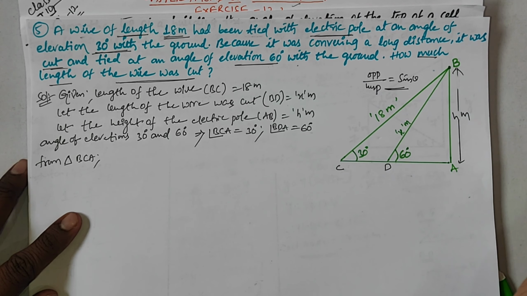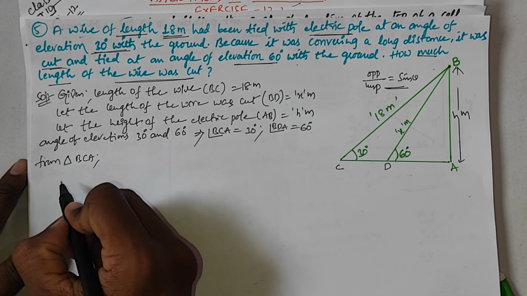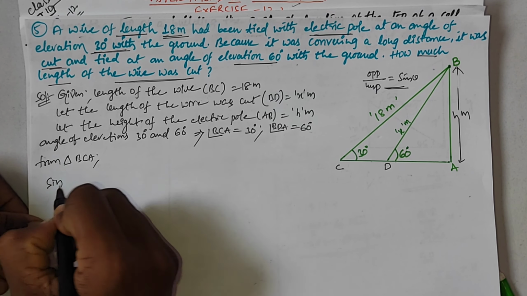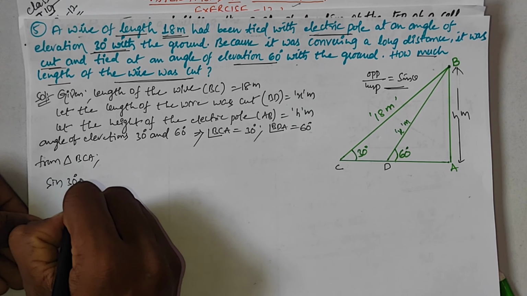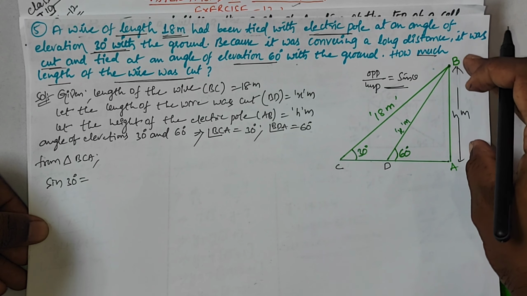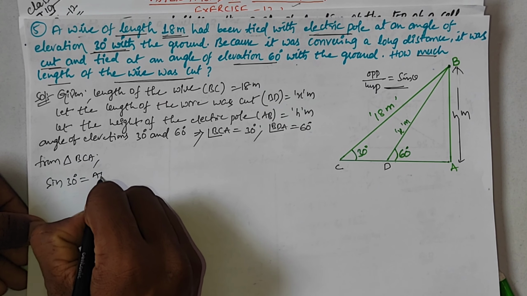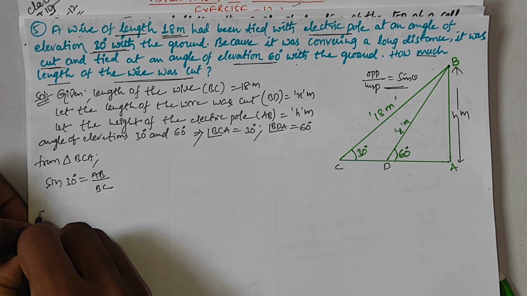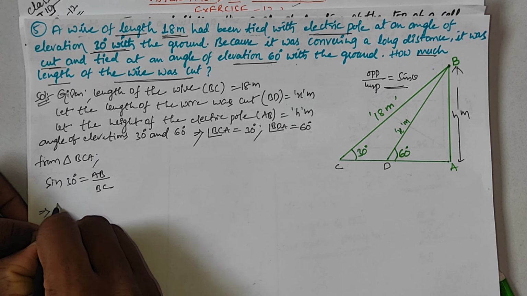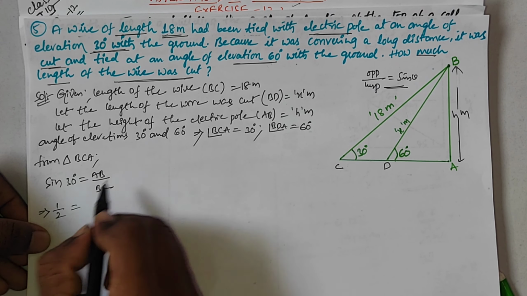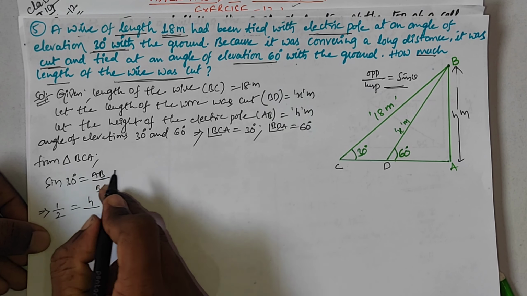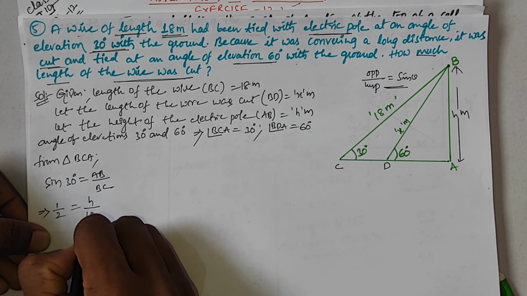We have to consider sine theta. So from triangle BCA, sin 30 degrees is equal to the opposite, AB, by the hypotenuse, BC. Clear? We know sin 30 is 1 by 2, equal to AB, which we don't know, considering as H, by BC, the length of the wire, 18 meters.